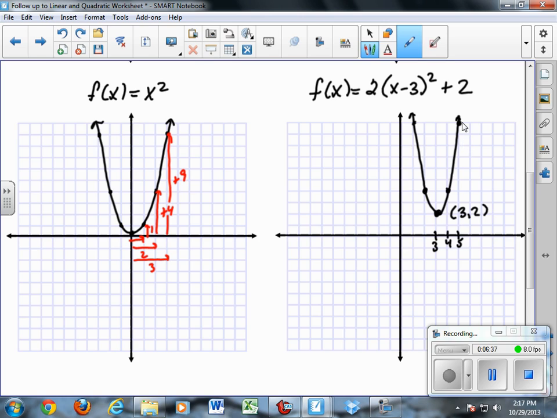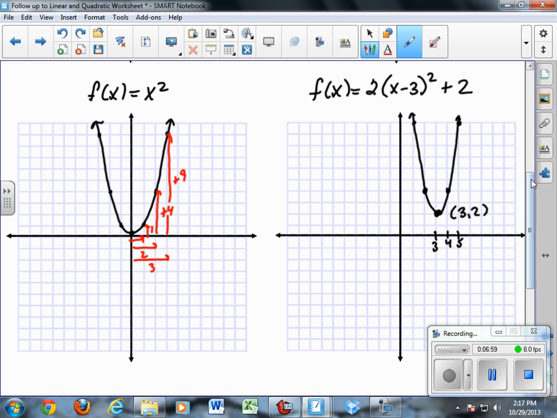If I went over 3, I would go up 18 instead of 9. So this just stretches each of these squares by a factor of 2. So 1 becomes 2, 4 becomes 8, 9 becomes 18. Now this is going 1 over from the vertex in either direction.